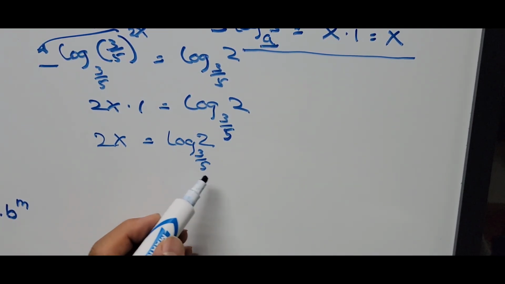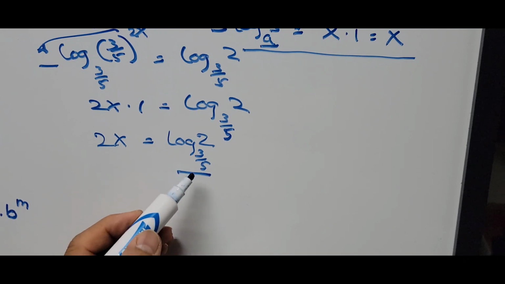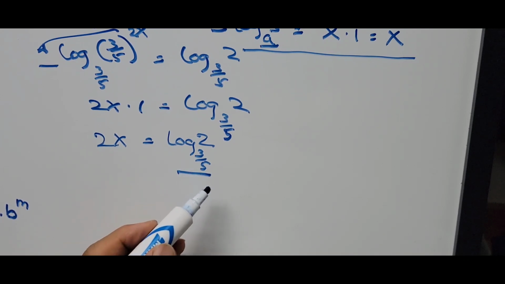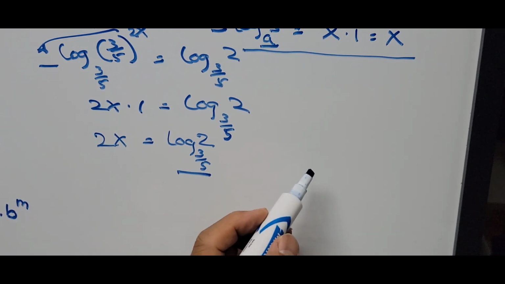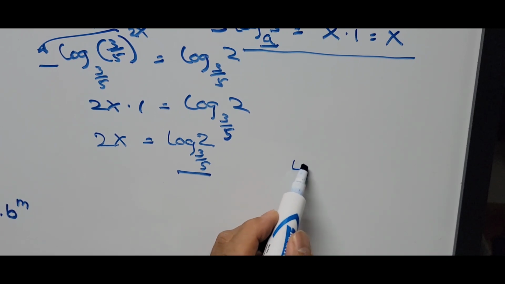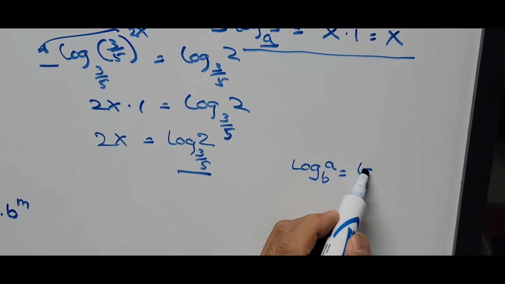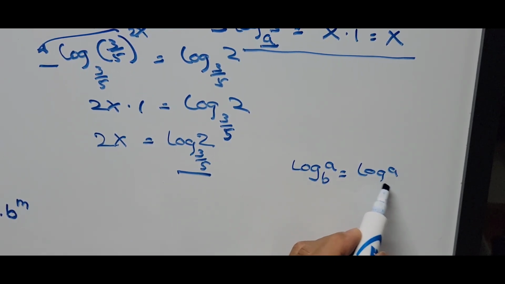If we would need the actual value of those, since we don't have in our calculator the logarithm base 3/5, we only have base 10. So we use a logarithm rule, that is the change of base formula, that is log of a to base b equals log of a divided by log of b.